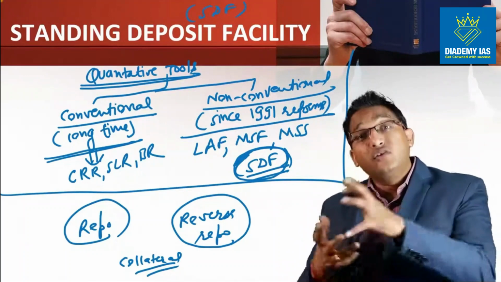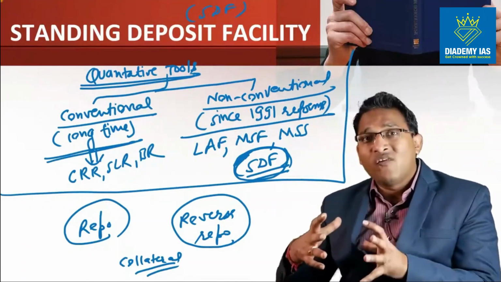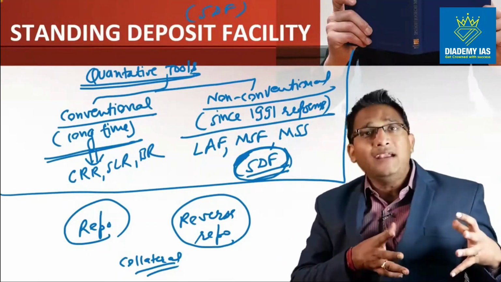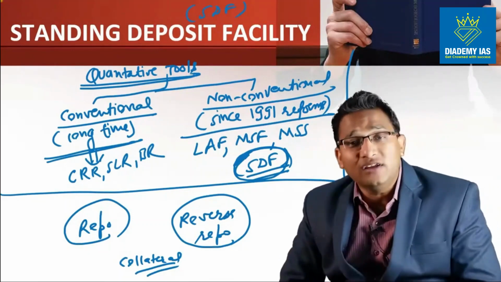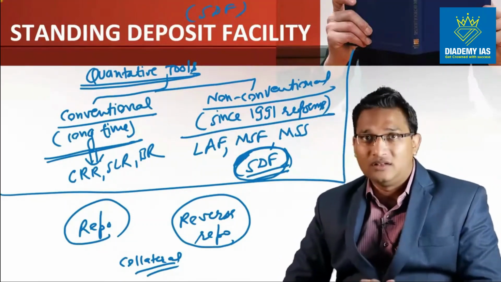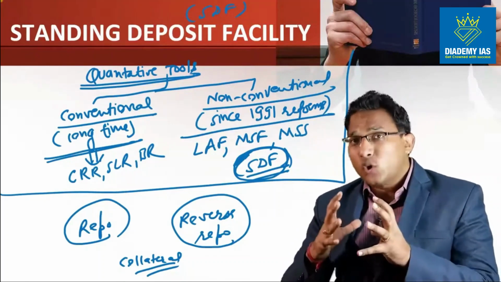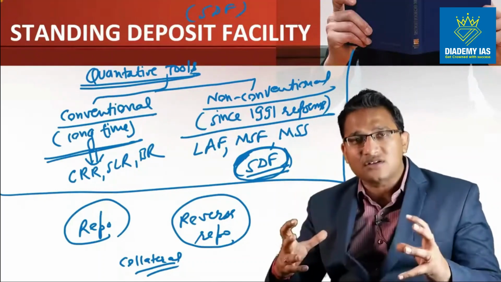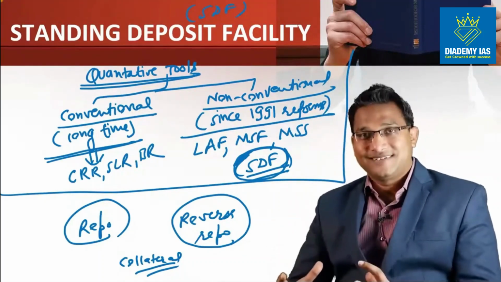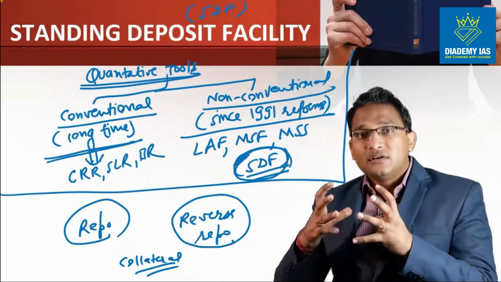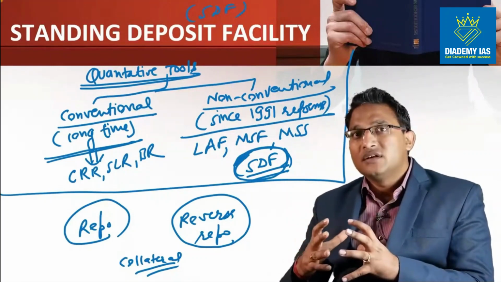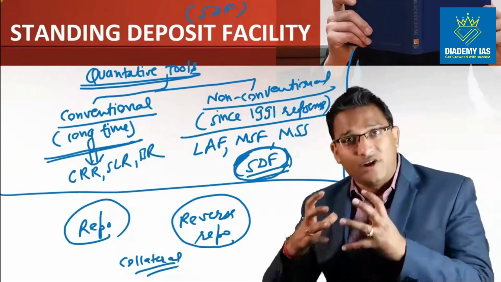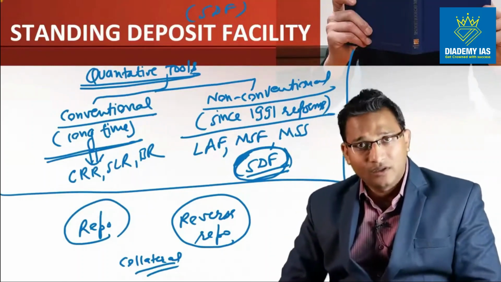Or otherwise also it is possible that a bank wants some money from the RBI and the bank is not having the government security which it can use as a collateral. So this collateral becomes a constraining factor in the efficient liquidity management. Can you see? This becomes the problem.